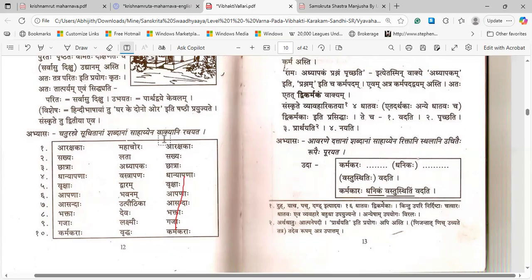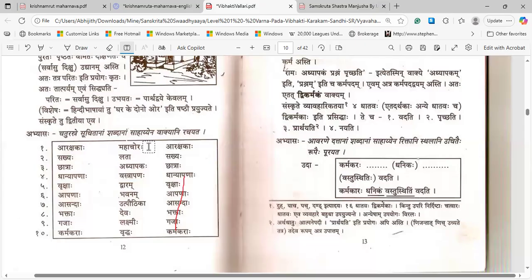These two are telling us that they are surrounding the words in the middle column. For example, the first one, arakshakaha on either side. What is there in the middle? Mahachoraha. So now tell us what the sentence is going to be. The sentence is going to be Mahachoraha is in the middle, on either side Arakshakaha.